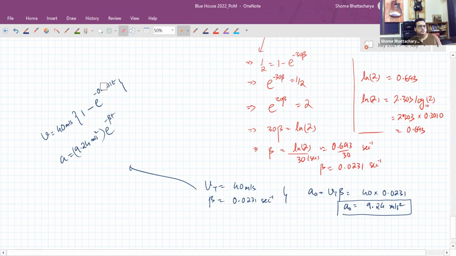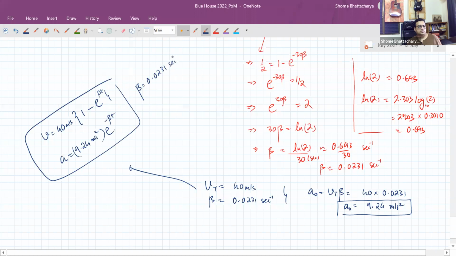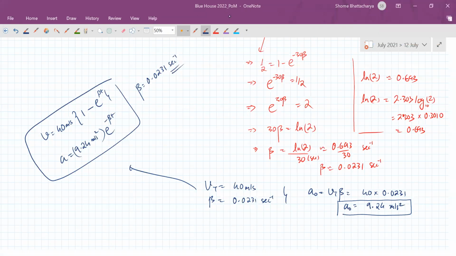I can more conveniently write this as beta t and put the value of beta below. These are the functions where beta is equal to 0.0231 second inverse, right? So I hope this is clear to all of you. Yes, sir.